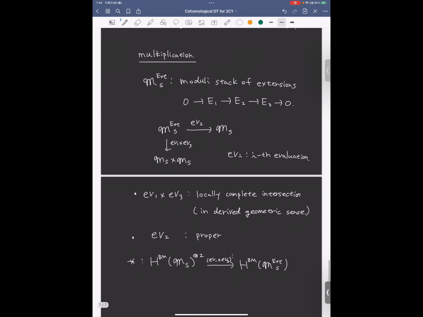And then we have the proper push forward morphism along the horizontal morphism.